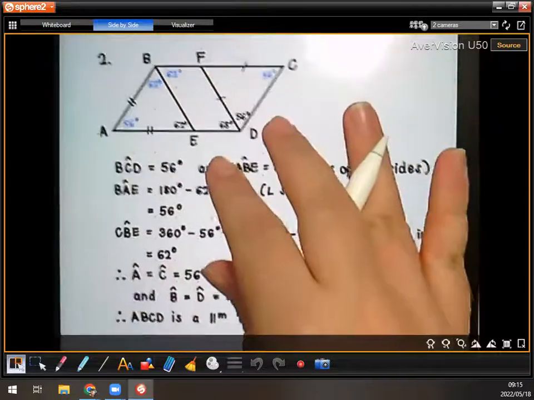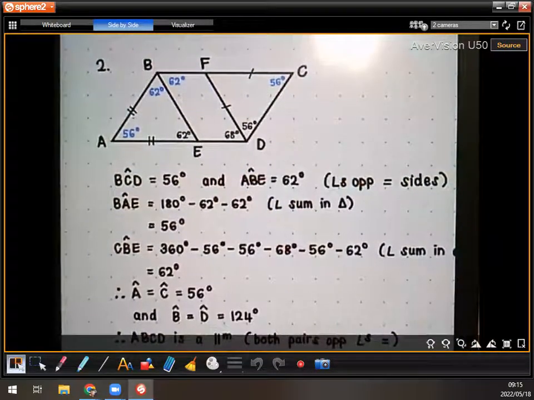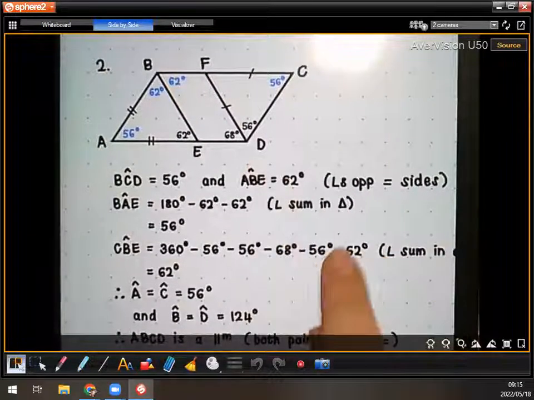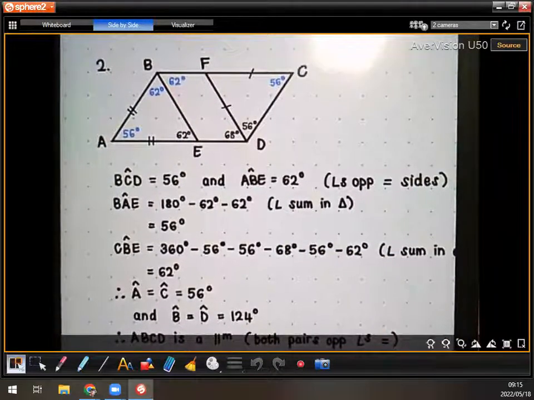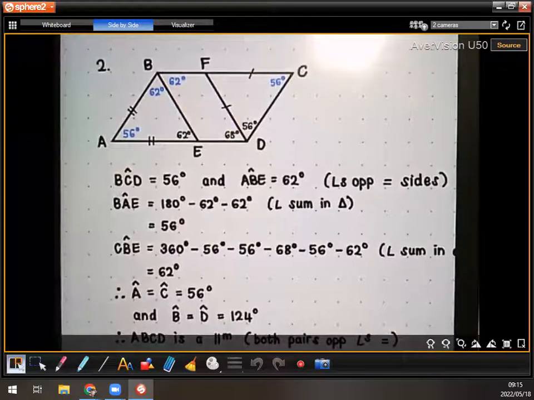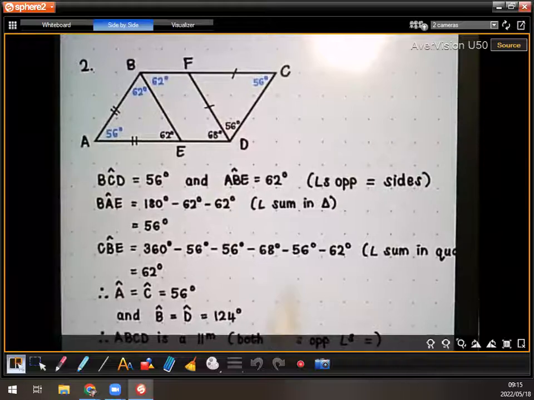Okay, because now guys, you can't use properties of a parallelogram when they ask you to prove that it's a parallelogram. That's very important. All right, so if in any of your reasons you say opposite sides of parallelogram or opposite angles of parallelogram, no, right? They call that circular logic. You can't use what you are trying to prove in your proof. Okay, so you must be careful of those reasons.